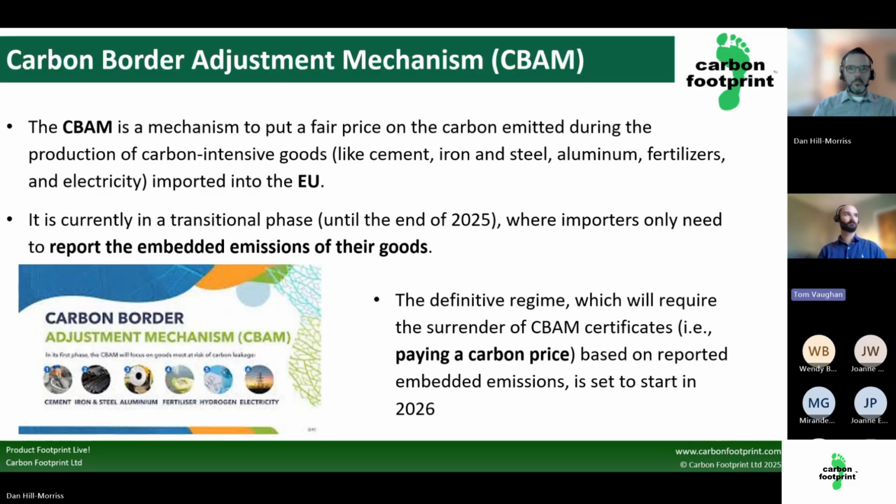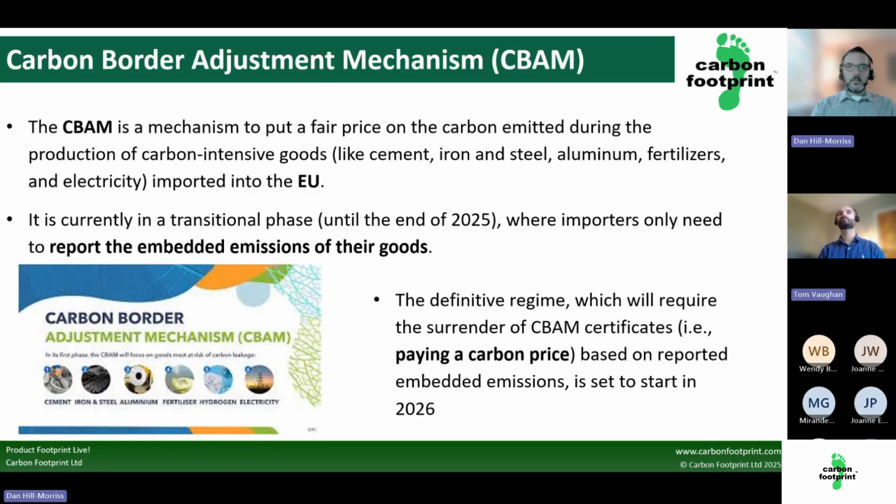Yes, and one thing to mention that was announced a few months ago now. The UK have their own version of CBAM, but they've made it compatible with the EU CBAM. So they're pretty much matched up just to make things easier.